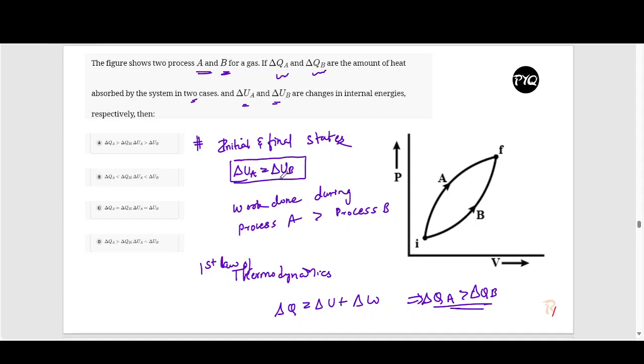Therefore del QA is greater than del QB with del UA equal to del UB. Therefore option D is our answer.